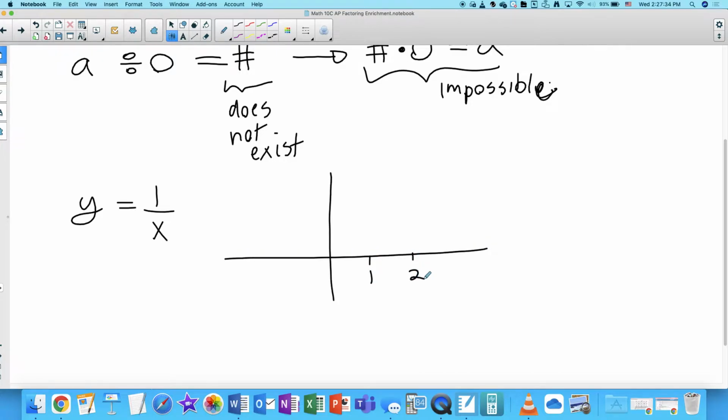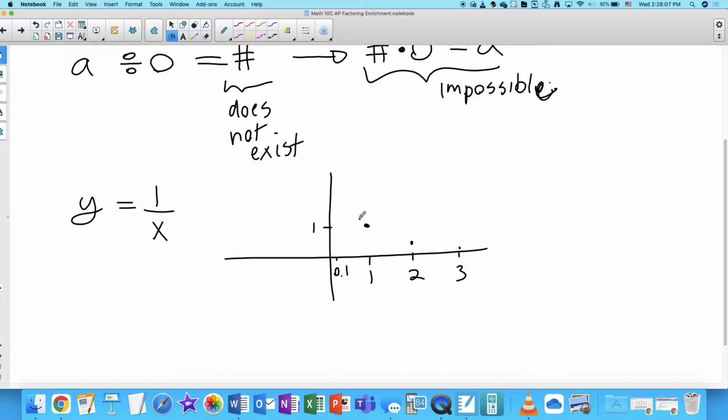let's first note that if x is 1, y would be 1 over 1, which is 1. If x is 2, y would be 1 over 2, which is a half. If x is 3, y would be 1 over 3, which is a third. But if I get close to 0, 1 over 0.1 is 10. 1 over 0.01 is 100. 1 over 0.001 is 1,000.